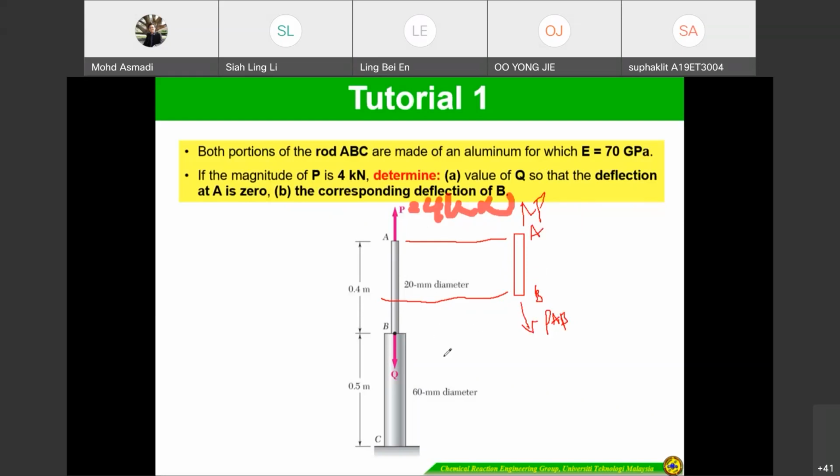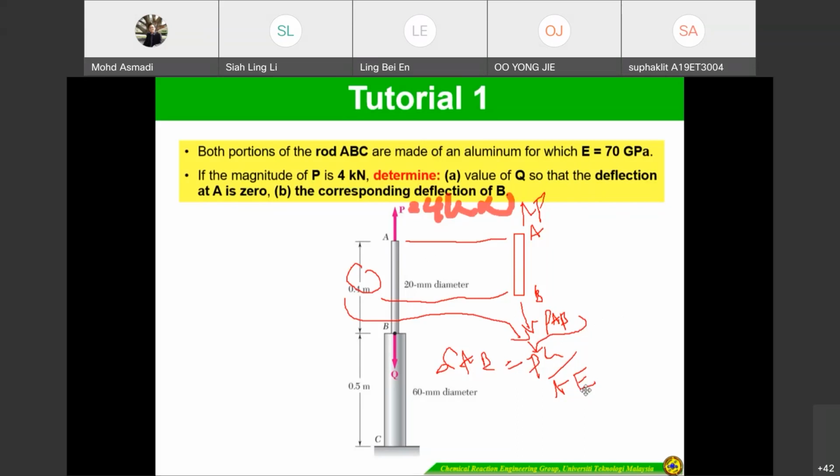So delta AB is equal to PL divided by AE. You have to remember this equation, PL over AE. P_AB of course is 4 kilonewton. L is 0.4, the length. You substitute here.